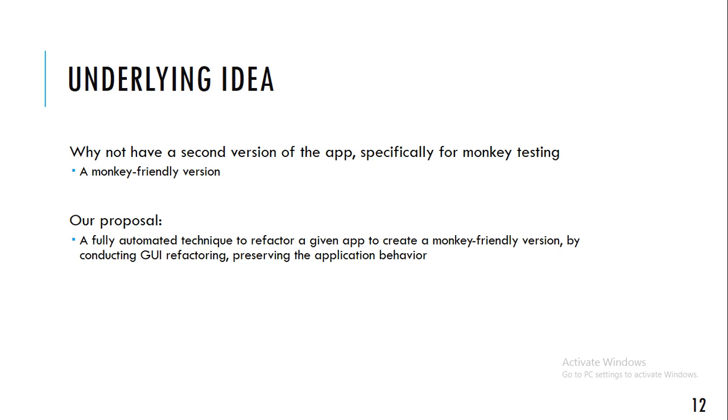So the goal is to change the GUI in such a way that when monkey testing is executed on the refactored version, fewer events are useless, fewer events are wasted, and the widgets whose code behind them is more complex are more interacted with by the monkey, so that it is more probable that the bugs are revealed. And this all means that monkey testing becomes more effective.